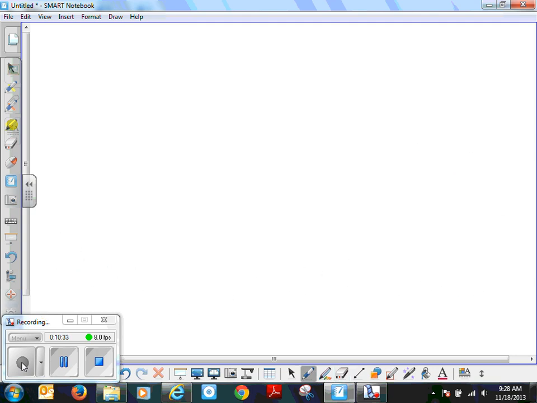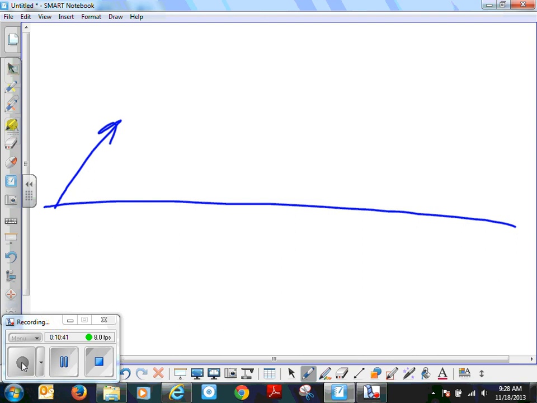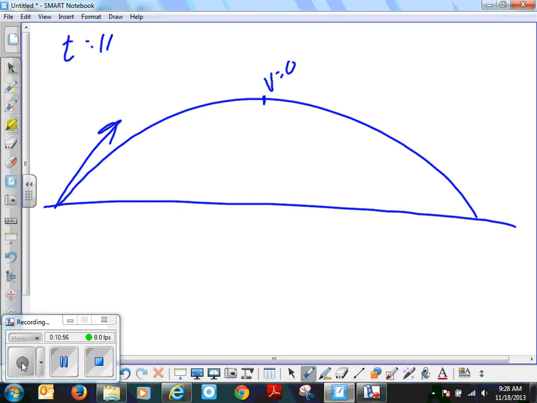So the next one then is going to be the soccer punts. Okay, so here's the trajectory. The thing we have to use on this one always is v equals 0 here. So let's say that we have a time equal to 10 seconds.